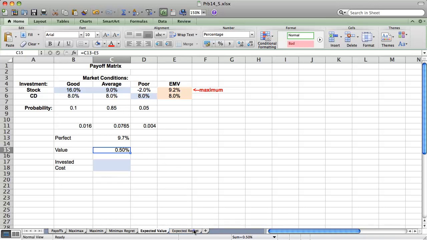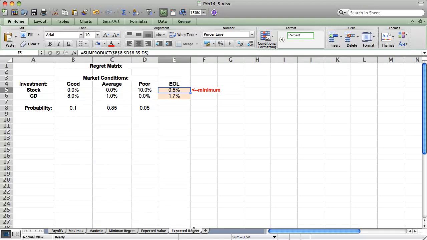We could do the same thing with our regret matrix. Here we're using the same regret matrix that we showed previously, but we're weighting it by the probabilities to get an expected regret or an expected opportunity loss.